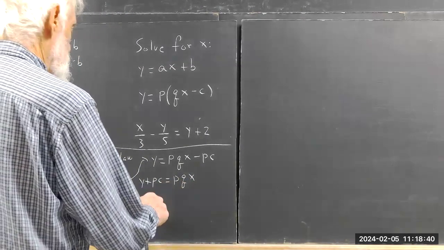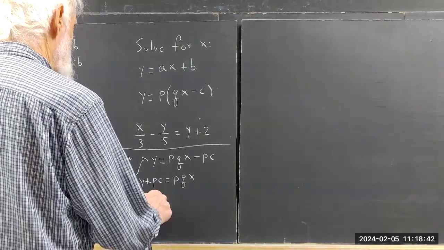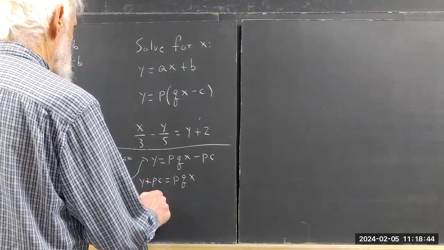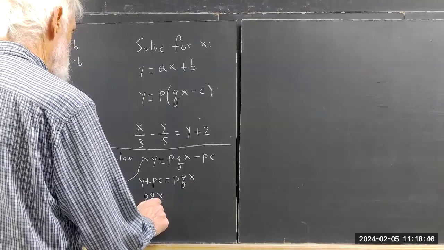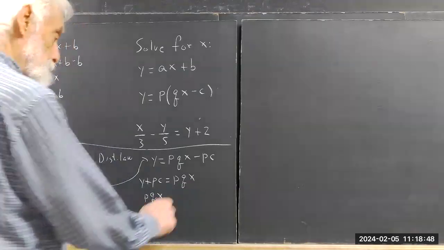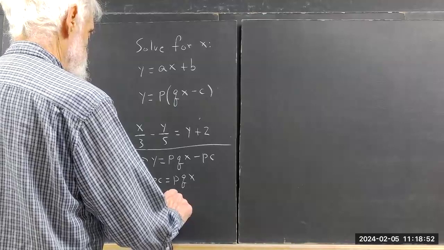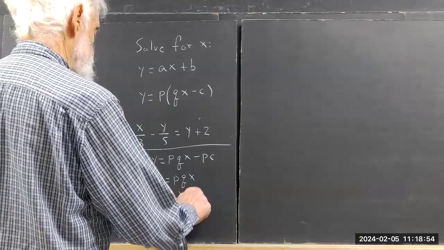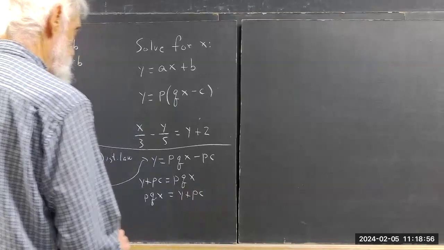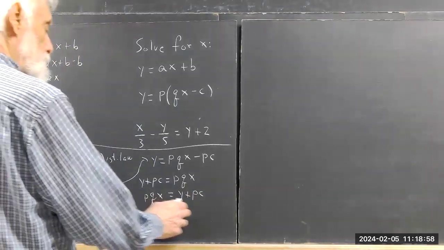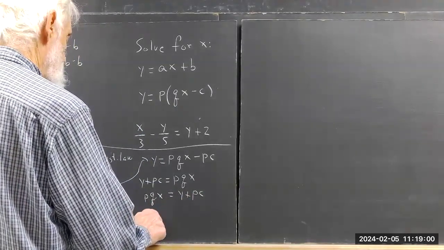Now switch sides, we got PQX. I'm having trouble writing that Q down low. Should have chosen a different letter. Okay, so we're going to divide both sides by PQ.